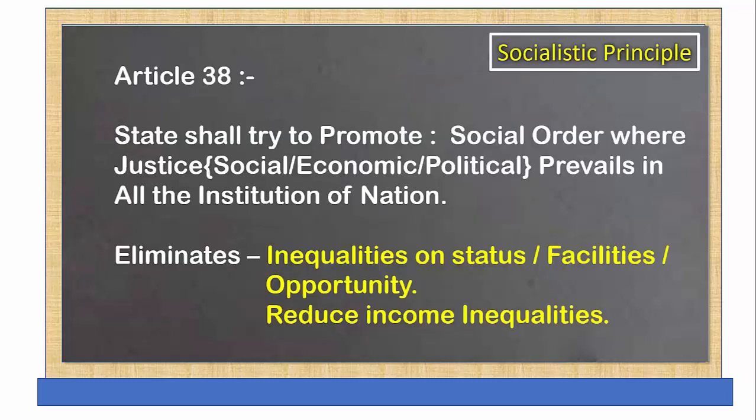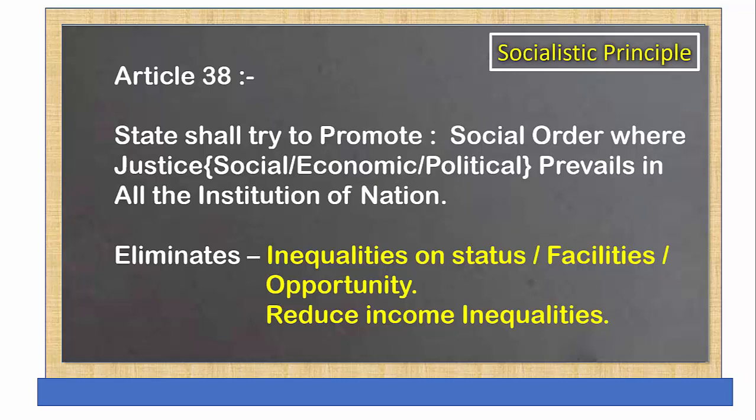Okay, so coming to the next article, Article 38, which says that the state shall try to promote what? A social order where justice, as I told you earlier, social, economic, political, remember all three, social, economic and political. If a question comes, what is the aim of the DPSP? One of the most important aims of the DPSP is to provide not only political but also social and economic justice.